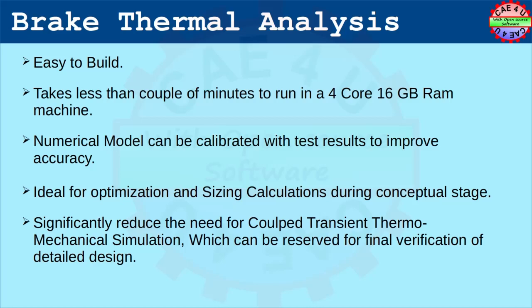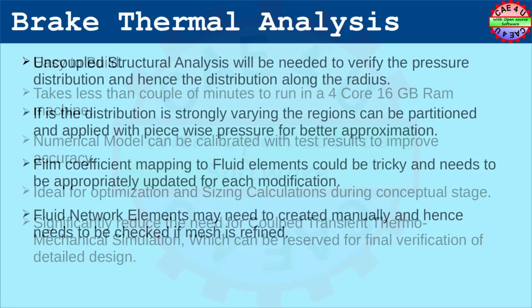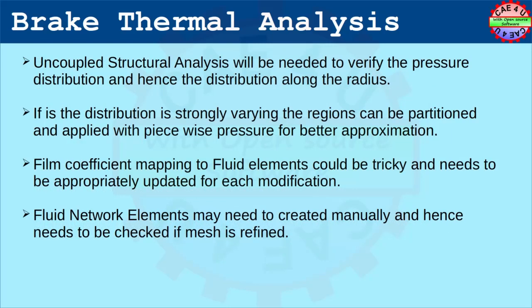As a downside, we still see that a structural analysis has to be performed in order to assess the pressure distribution and hence the validity of constant heat flux across the interfaces.